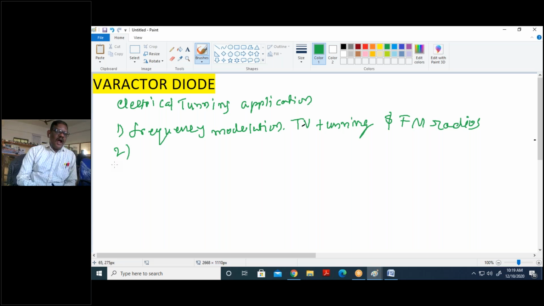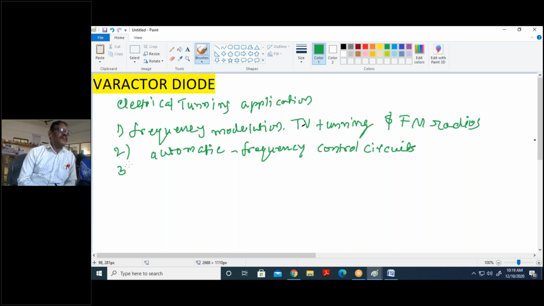Second one, in automatic frequency control circuits.